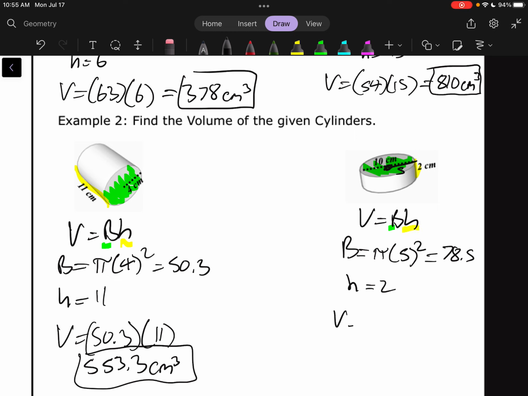So I'm going to do 78.5 times 2, and I'm getting 157 centimeters cubed. Just keep in mind, any time you see that big B, it is the area of the base. Let's head to the inside.